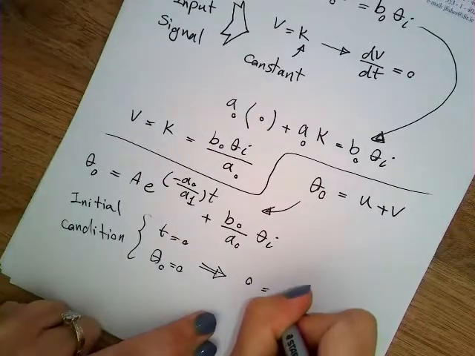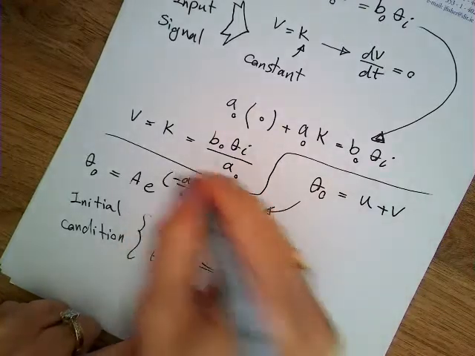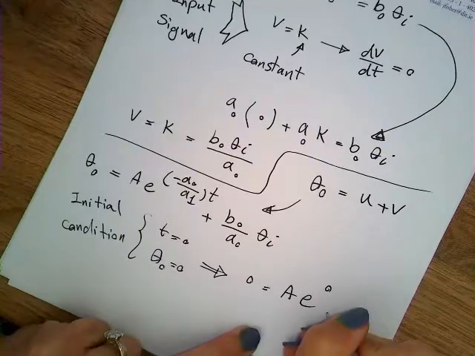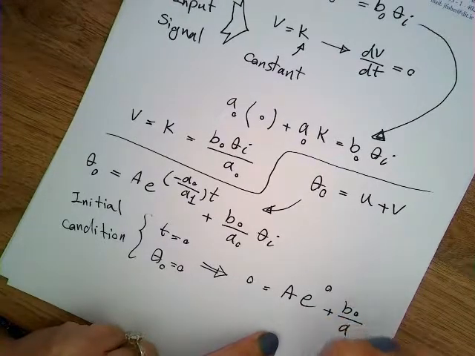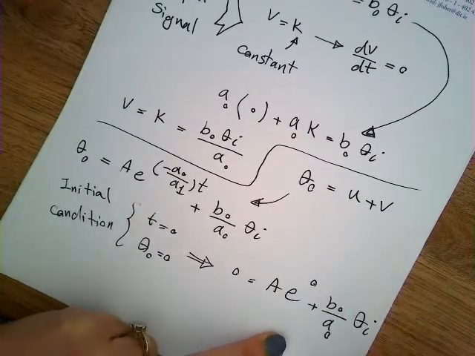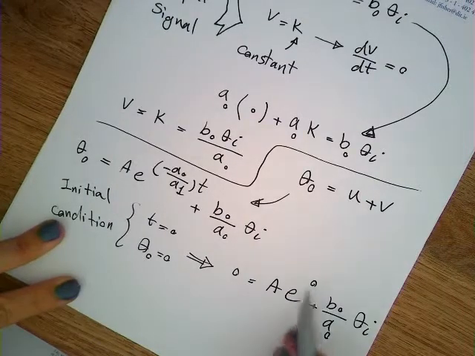So I have A here, and then my top side here, because of the time, will be 0, and then I have theta I. Now, what happens here?